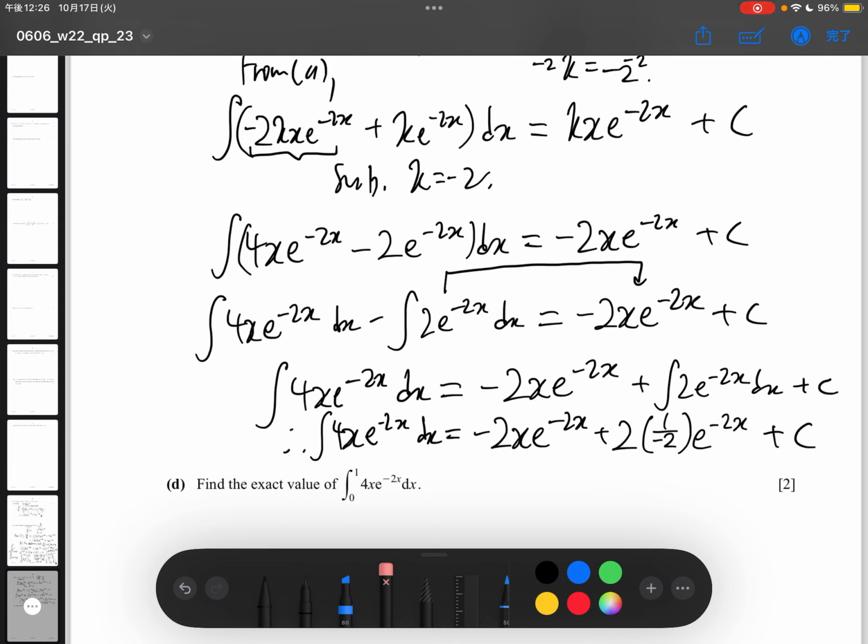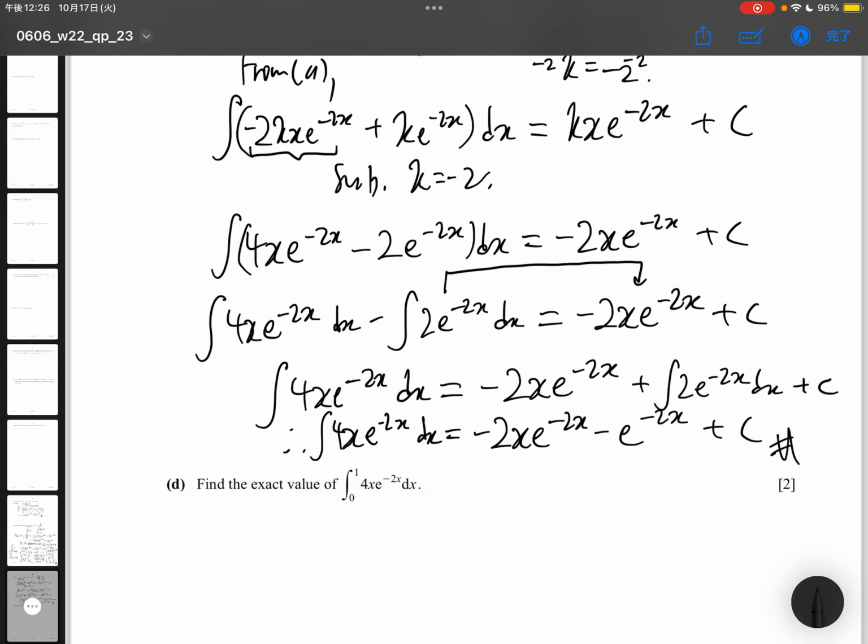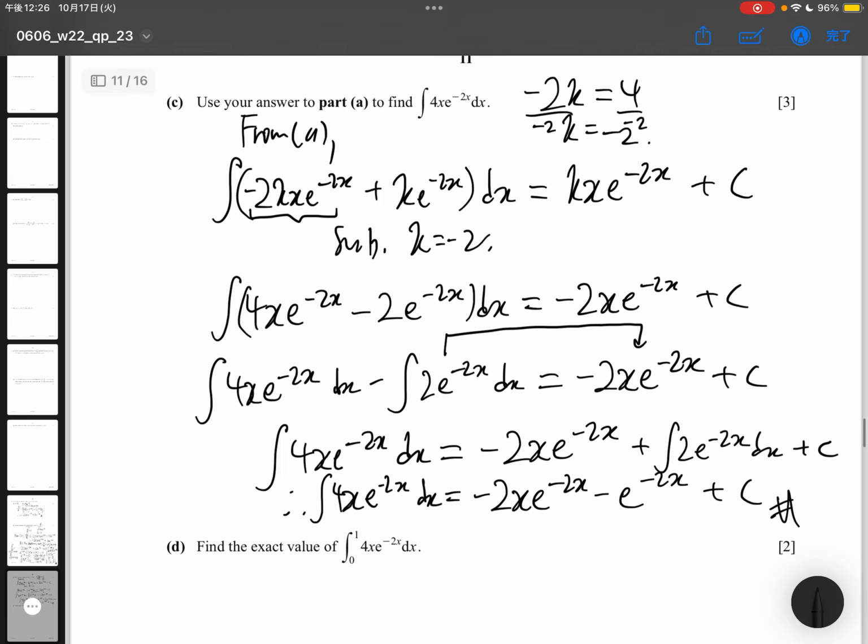So it should give me negative e to the power negative 2x plus c. And then this should be my final answer. That's part C.